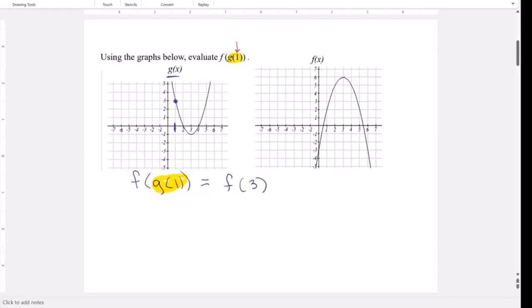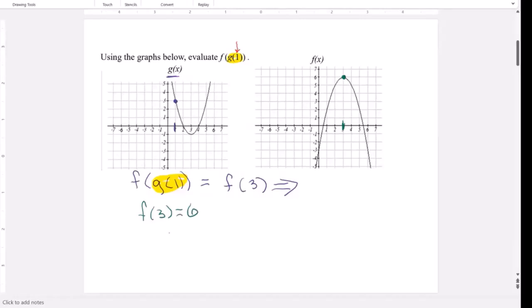Now I have to go to my f graph. On my f graph, f of 3 is when x equals 3. What is f of 3? Here it is. It's 6. So f of 3 equals 6.